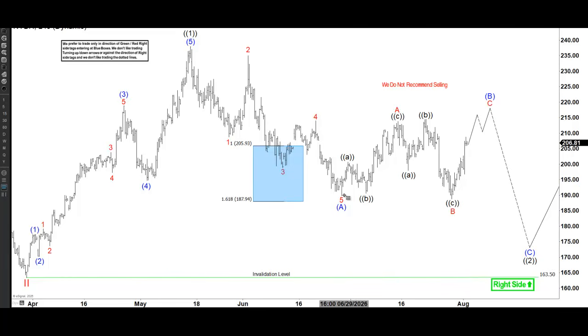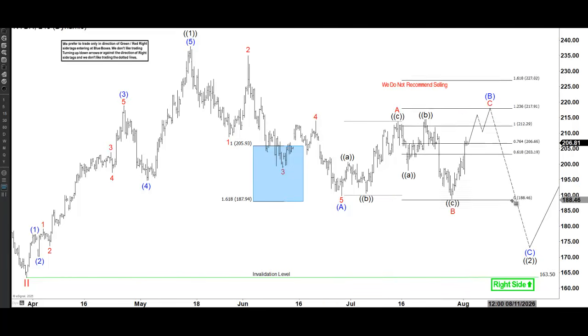Ideally, a flat ends around the 1.1236, 1.618 of the relationship between A and B, and that will put NVIDIA around 218, 227 before NVIDIA turns lower into the 180, 175 future buying area.